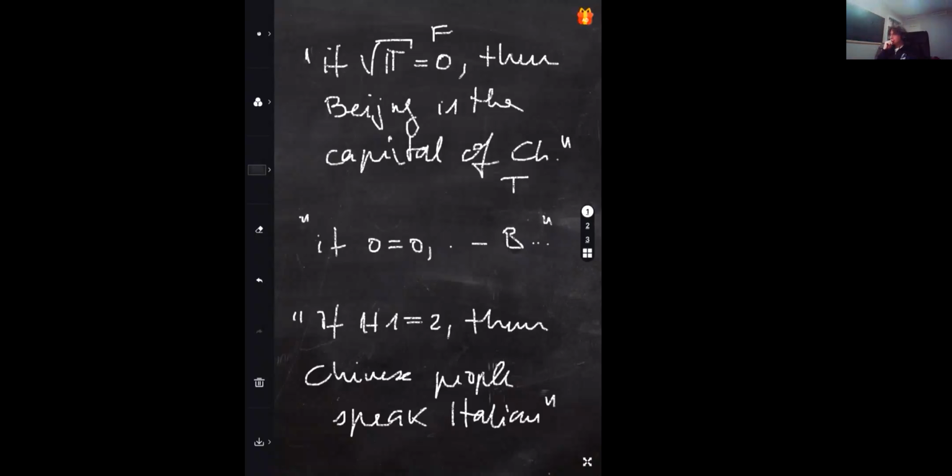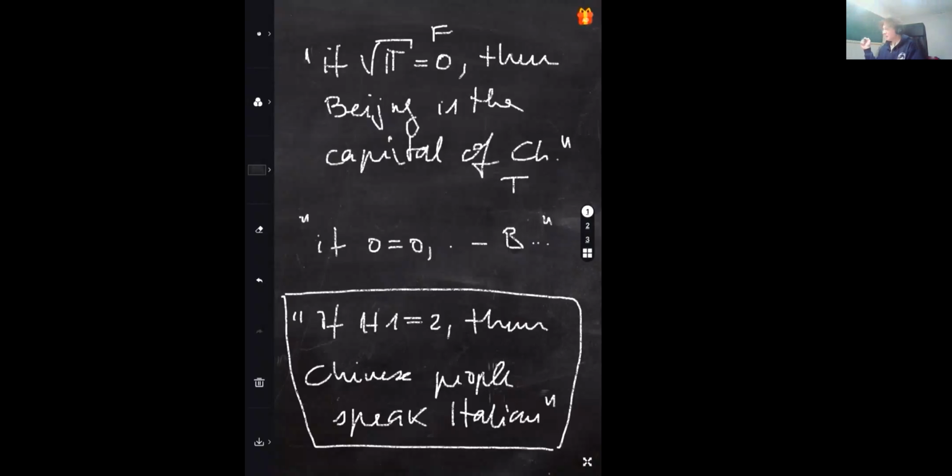So the point is that this implication is false now, but it is unstable. I don't know, maybe in about 100 years, Italian becomes extremely fashionable, and all of you start speaking Italian.